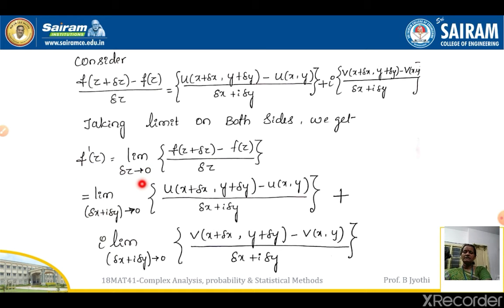And on the right hand side, when the limit delta z tends to 0, that is delta x + i delta y tends to 0, we get the limit of [u(x + delta x, y + delta y) minus u(x,y)] divided by (delta x + i delta y), plus i into the limit of the corresponding v term.